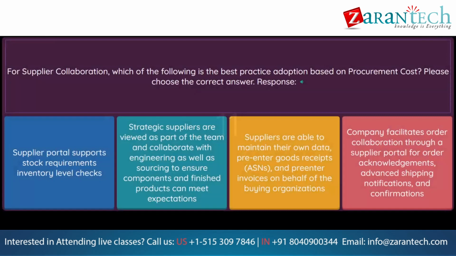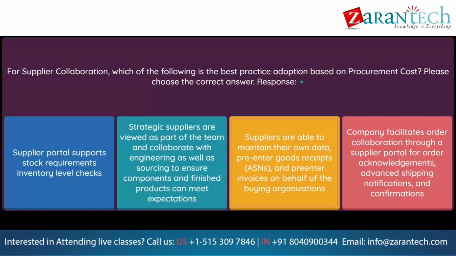Question: For supplier collaboration, which of the following is the best practice adoption based on procurement cost? Please choose the correct answer. Response: Option 1, Supplier Portal supports stock requirements inventory level checks. Option 2, strategic suppliers are viewed as part of the team and collaborate with engineering as well as sourcing to ensure components and finished products can meet expectations.